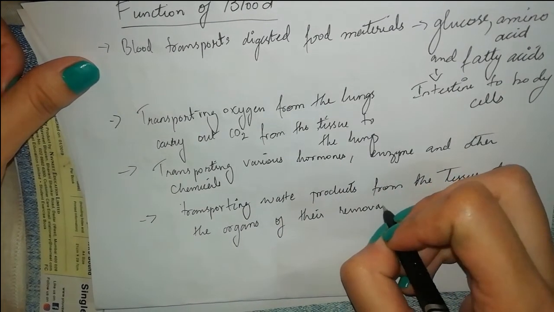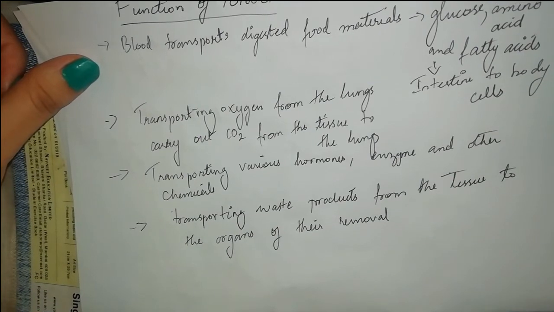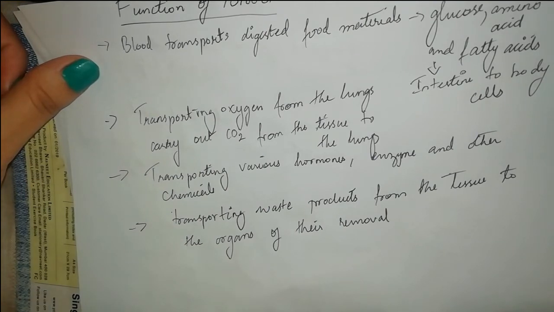So as I have told you, whatever waste products are being given out from your body, the blood will help to transport them from the tissue to other organs where they are responsible for throwing them out. Like you have kidneys, they are also responsible for throwing out the waste products, right? So this blood will carry all these waste products and give them to the organs which are responsible for their removal.